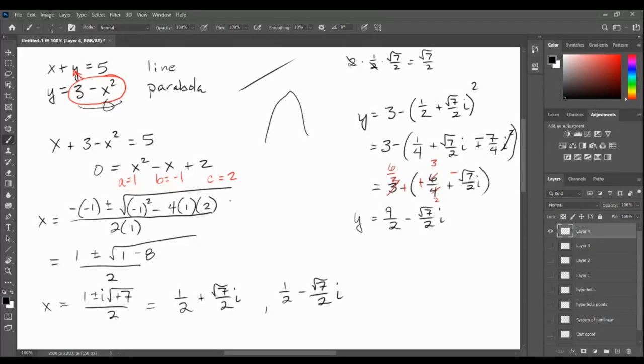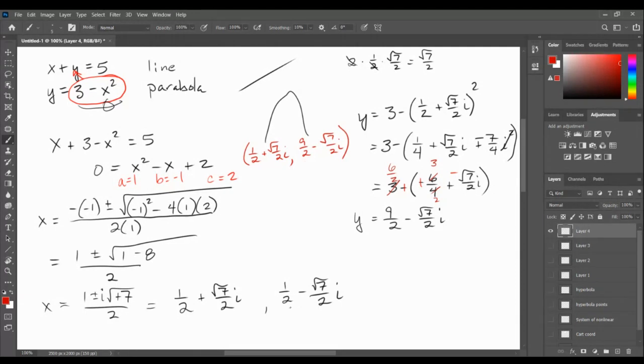So the point of intersection, you get a different color here. We've got the x, 1/2 plus root 7 over 2 i, with the corresponding y value of 9/2 minus root 7 over 2 i. That is one imaginary point of intersection.